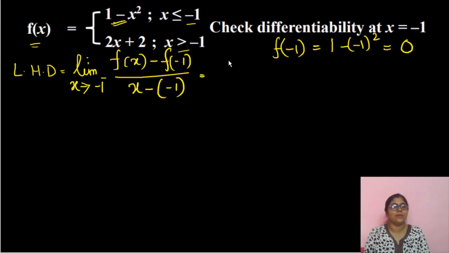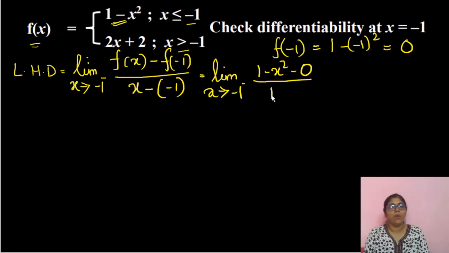So this is equal to the limit of x tends to minus 1 minus, in case of f(x) we can write, 1 minus x square minus 0 divided by 1 plus x.